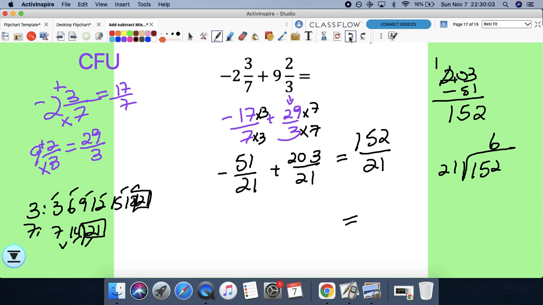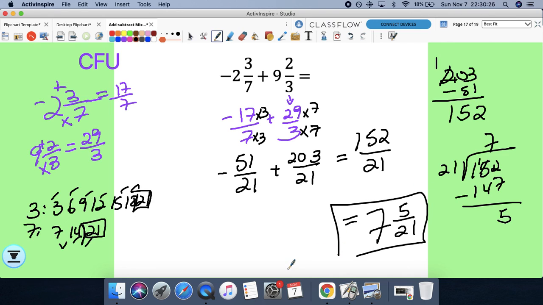Right, it's not 6, it's 7. Sorry, 7 times 1 is 7. 7 times 2 is 14. If you subtract, 5 left over. So final answer, 21 can go into 152 7 times, 5 left over 21. Okay? And that's that.